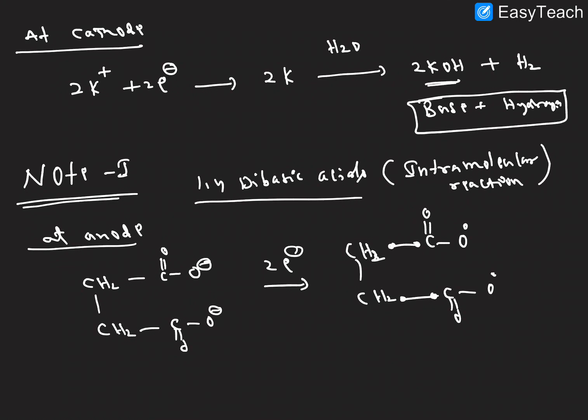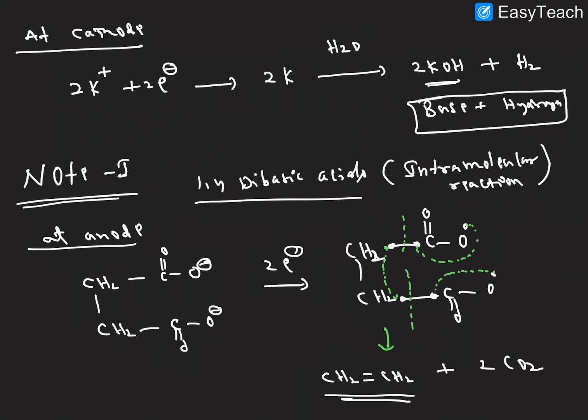These radicals are combined, breaking the bond, and here also breaking the bond. So what is the product forming? CH2 double bond CH2 plus 2 moles of CO2 is forming. So in this process we will get alkene, right? In this case alkene we get.